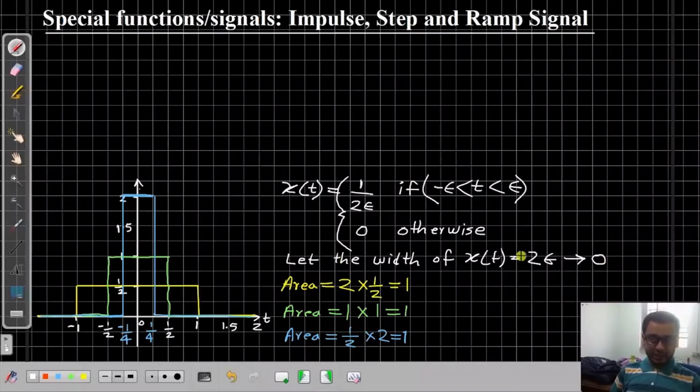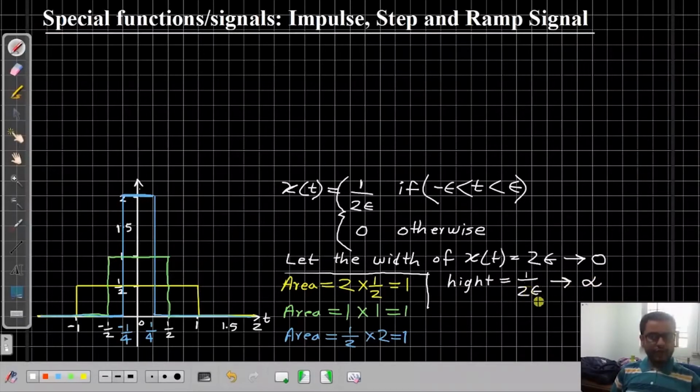Under that situation, you can imagine a signal which is extremely narrow, but its height, which is 1 over 2 epsilon, tends to infinity.